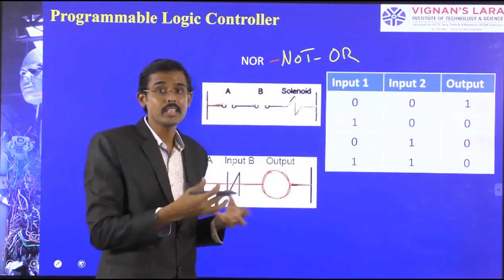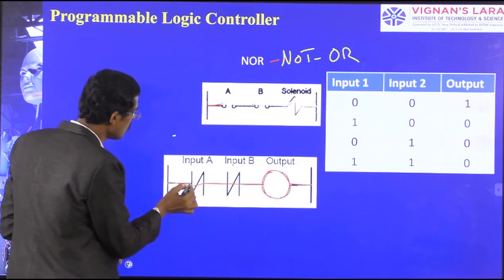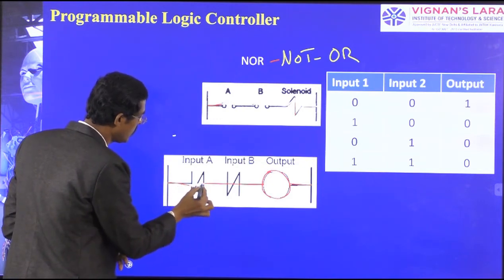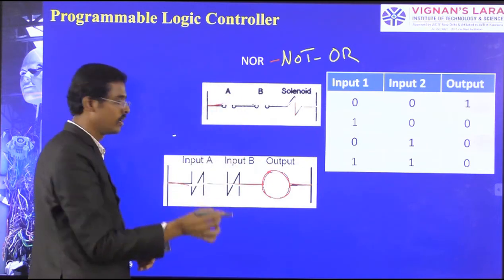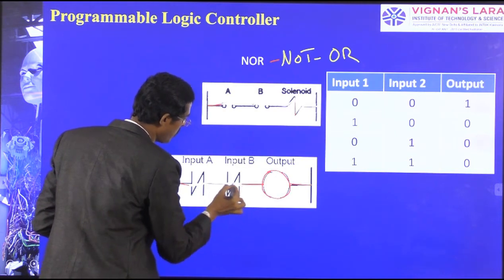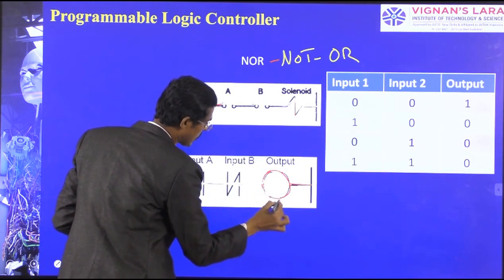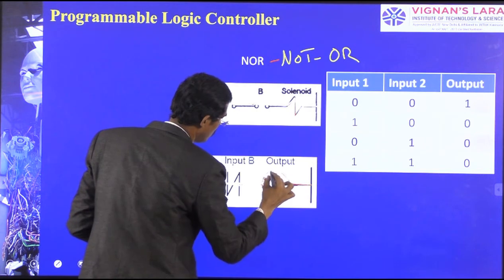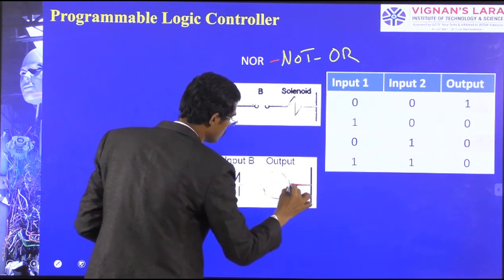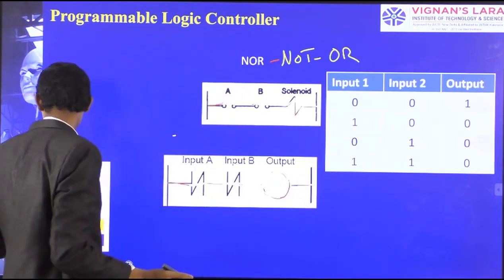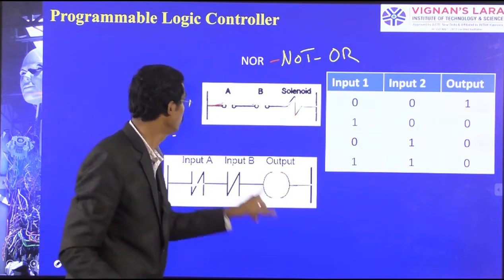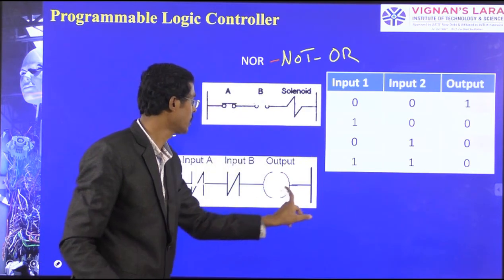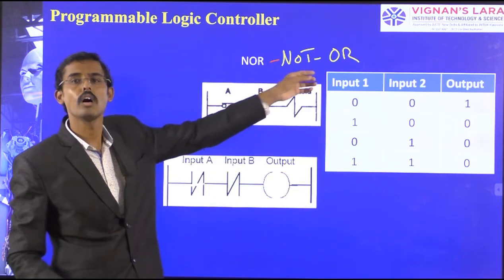I am naming this a NOR. So here also I am touching here, disconnected. Obviously this will be disconnected. And I am touching here also. It is obviously going to disconnect. So it is all not happening. So this will become 0. So this is how we have to plan for creating the NOR functions.